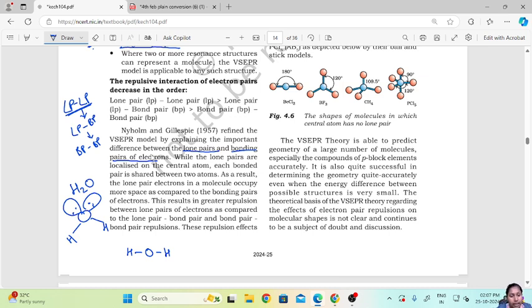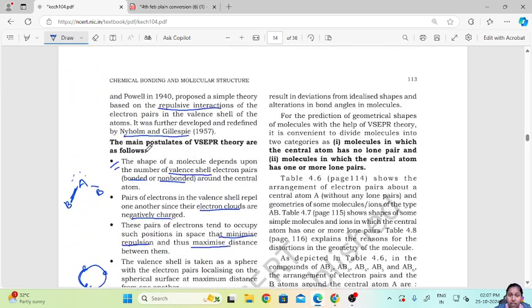Hence water gets its standard bent structure, okay. This repulsion effect results in deviation from the idealized shape and alteration in bond angles in molecules, as I told you. So the idealized shape for a water molecule is linear, but because of the lone pairs there is high repulsion, and that repulsion pushes the hydrogens downwards, hence changing the bond angles and altering the idealized shape.